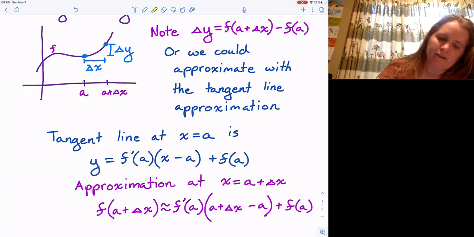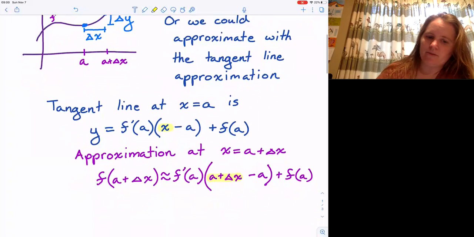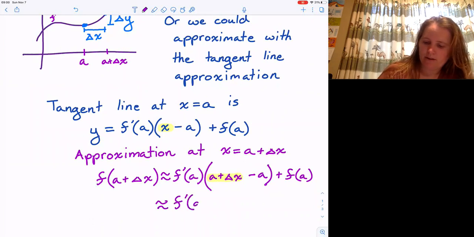So again, this a plus change in x is acting as my x. And if we simplify this, we get that the function value is approximately f prime of a times the change in x, and then plus f of a.